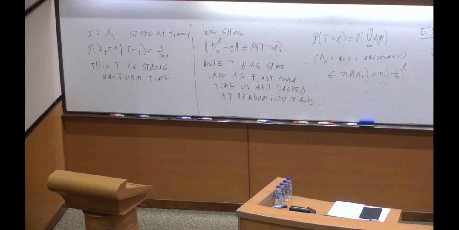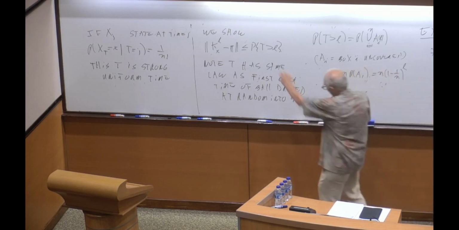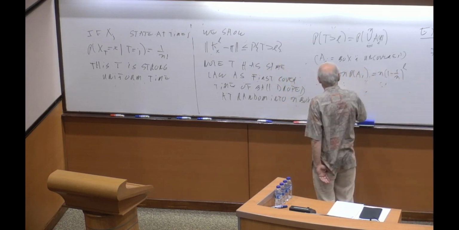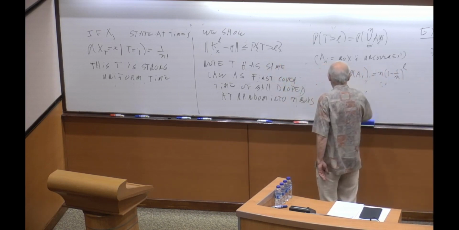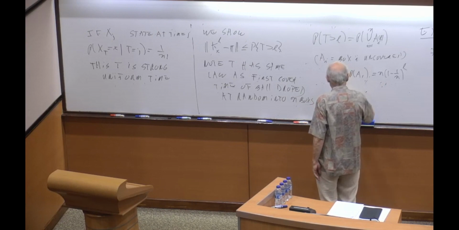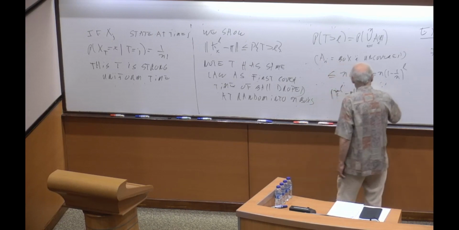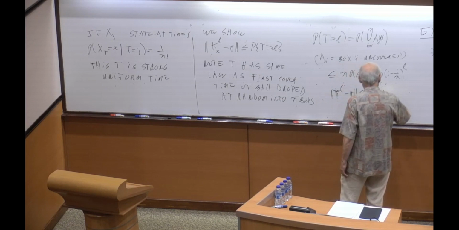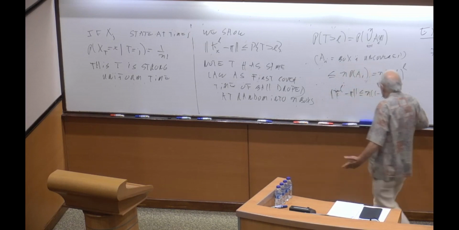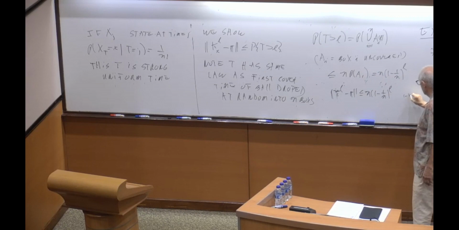So we have proved that, modulo this fact, the distance of the chain after L steps to stationarity is less than or equal to n times (1 minus 1 over n) to the L. And then I used 1 minus x is less than or equal to e to the minus x.